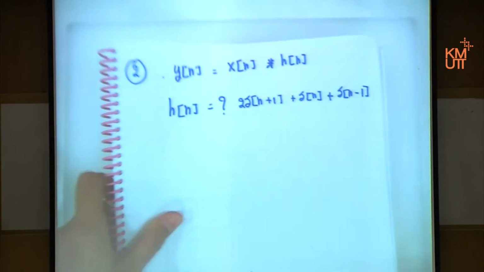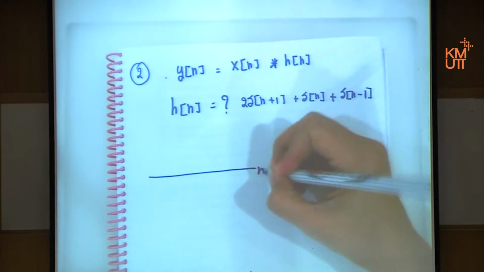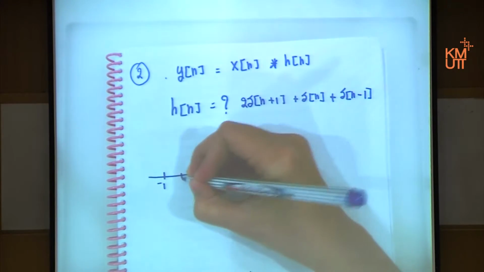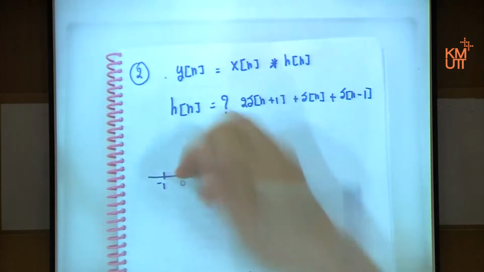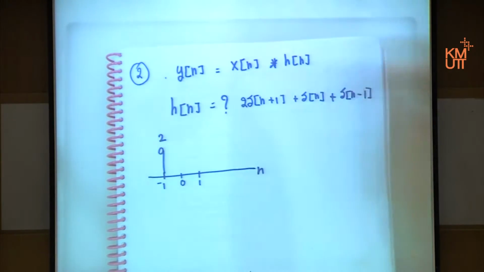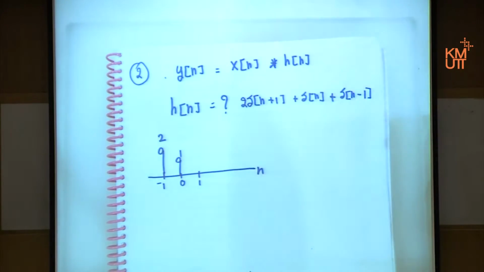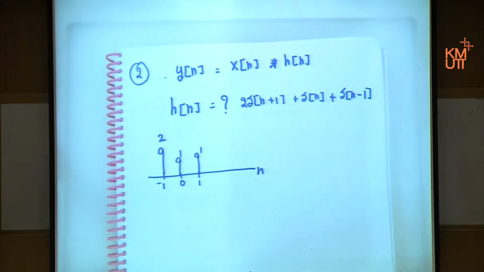Can you draw the picture of this one? For delta[n+1], it has one stem occurring at -1 with height 2, right? Then delta[n] and delta[n-1], right? So here is the picture of h[n].